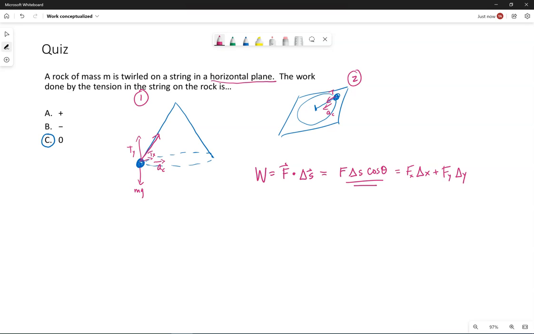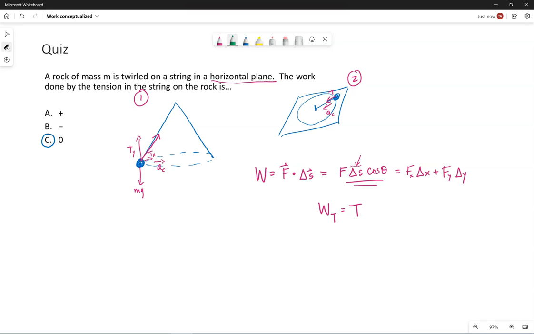Ultimately, let's look at this F delta S cosine theta. So the work done by tension, the force we care about is T, this tension. Delta S is at any instant the direction the rock is traveling in.